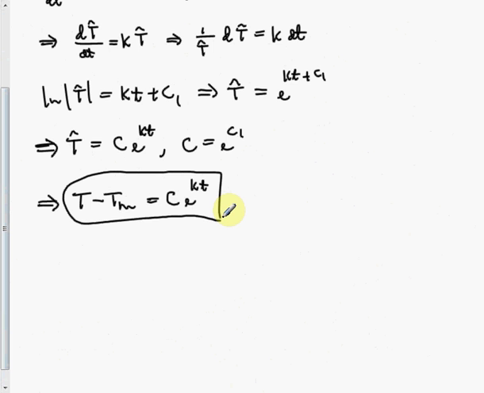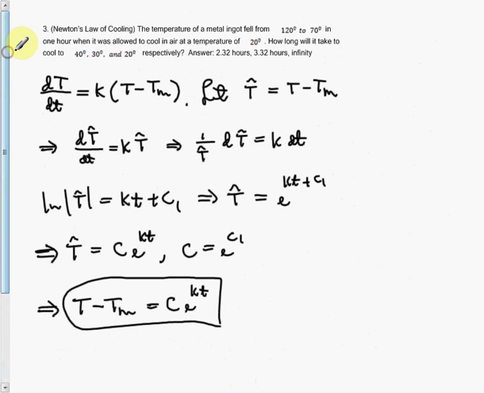So now we can solve the problem. It says the temperature of some kind of metal mold fell from 120 degrees to 70 degrees in 1 hour. So that means when the temperature was 120 degrees, the time was 0.